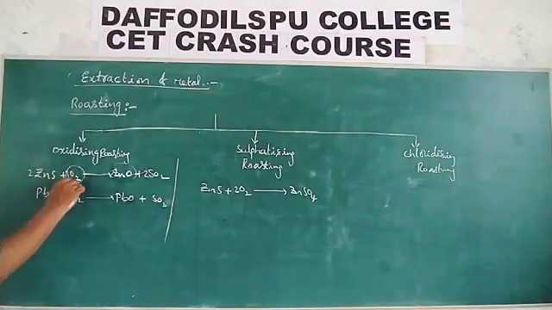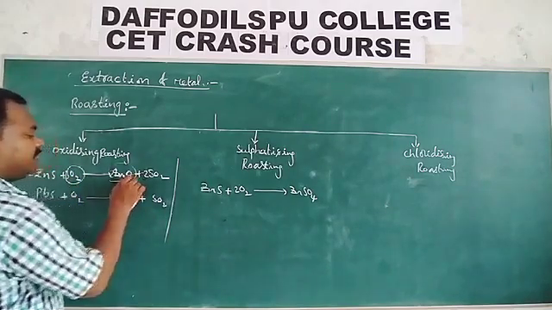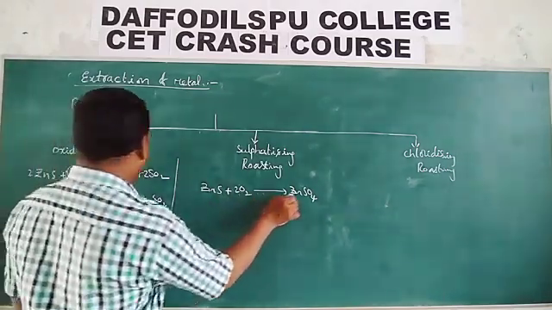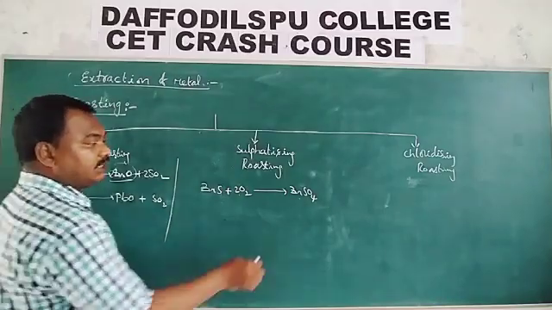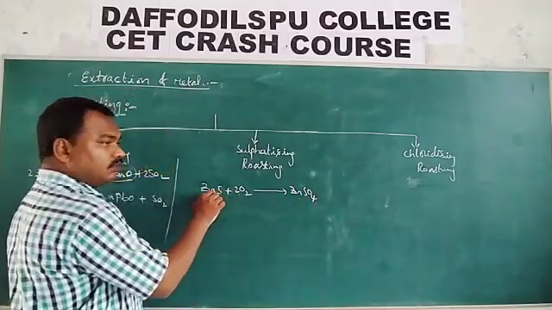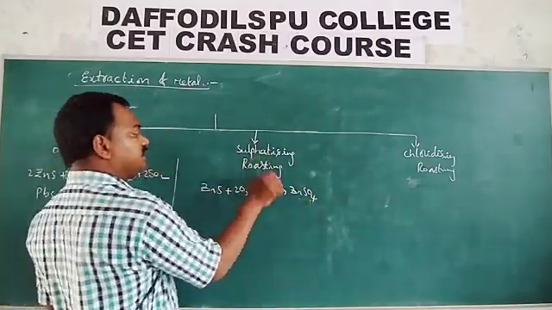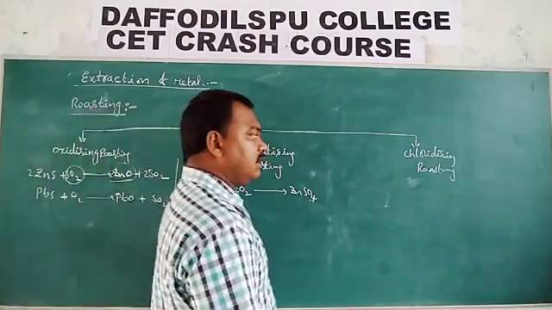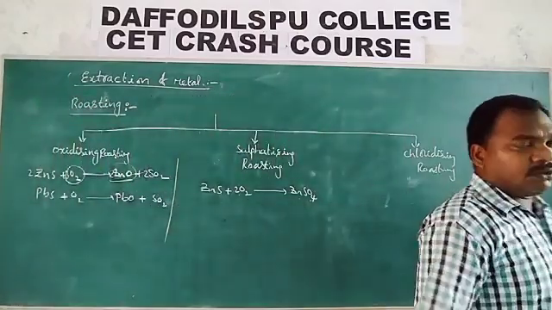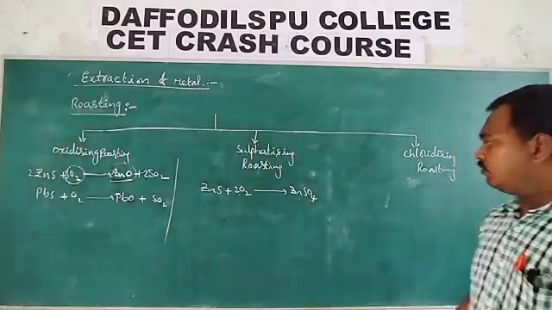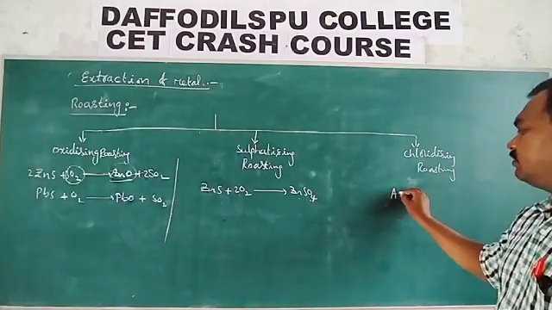When excess of oxygen is used, we will get zinc oxide. When limited supply of oxygen is used, we will get zinc sulfate. That means ore is converted to sulfate. That is sulfatizing roasting.